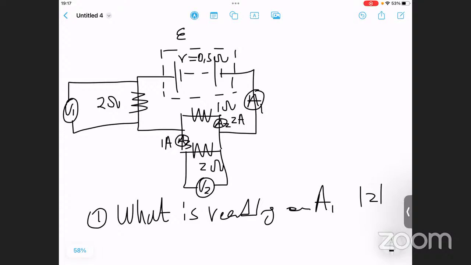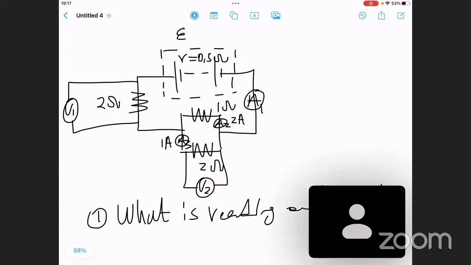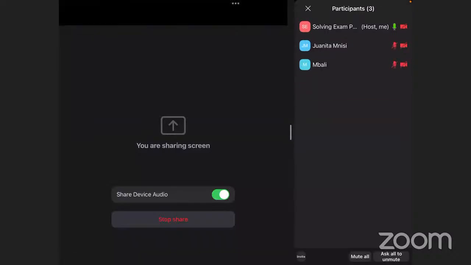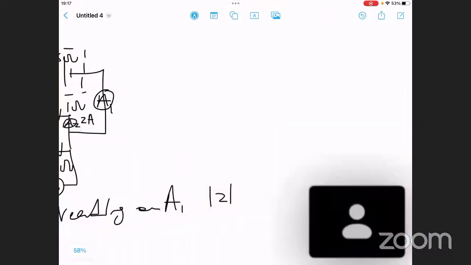Anyone who would like to give it a try regarding what the reading will be on ammeter number 1? If you've got an answer, just unmute, mention your name, and I will recognize you. Let's see, Juanita and Mbali, any of you who would like to give it a try?